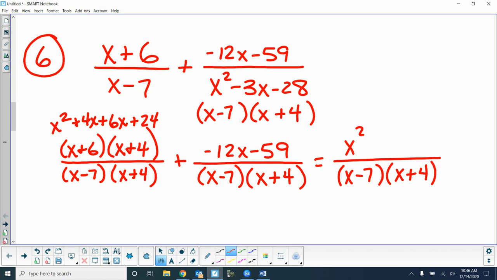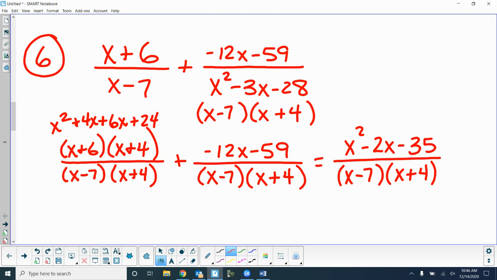I got a 4x plus 6x is 10x, plus a negative 12x is a negative 2x. And then I got a 24 plus a negative 59, which is a negative 35. Now I have it as one fraction. Okay?